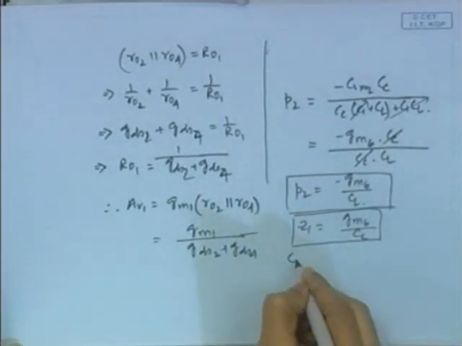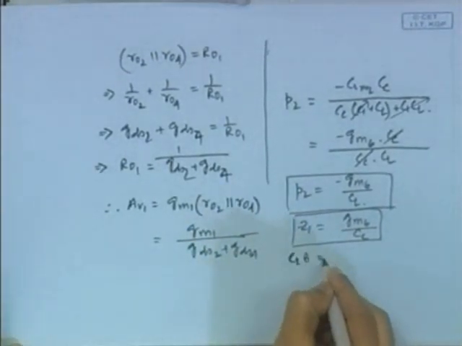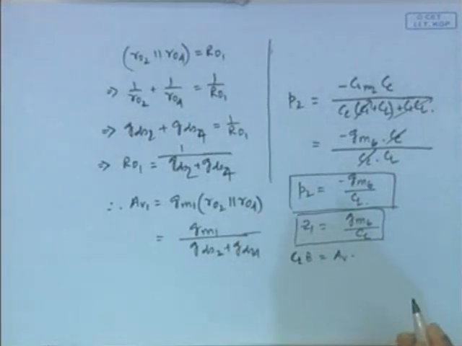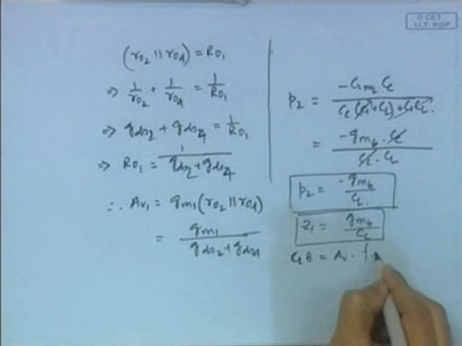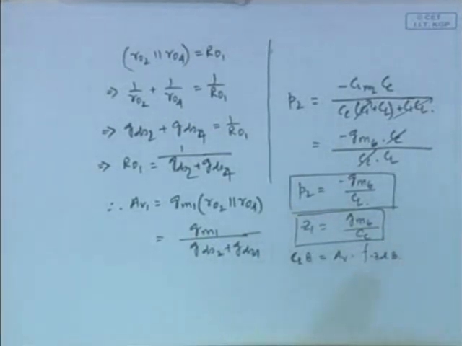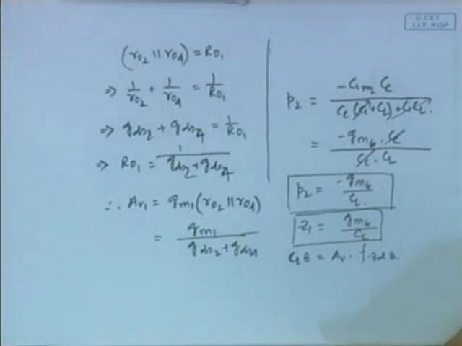Gain bandwidth means GB means AV, that is the gain, into minus 3 dB bandwidth. What is that minus 3 dB bandwidth? That is the position of the P1. Okay, the frequency of the P1. P1 is the first pole. So that is minus 3 dB bandwidth will be given by the position of the first pole.